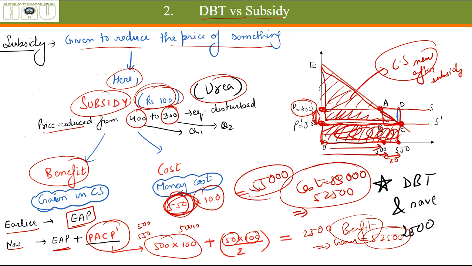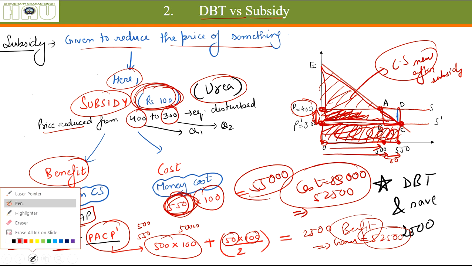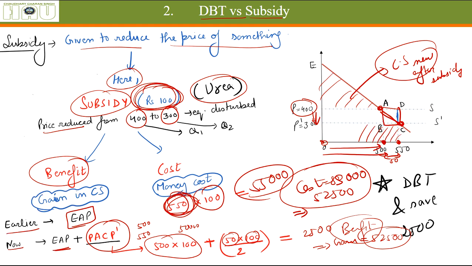So what we can do is directly transfer this rupees 100 per bag into the accounts of the buyers. Let me make this graph a little clear for you.